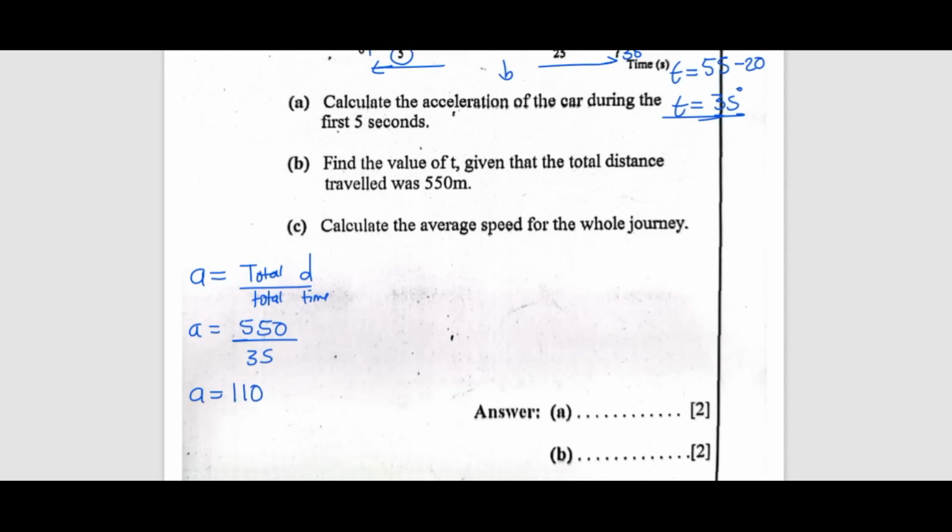So 5 into 550 is 110 over 5 into 35 will give us 7. So how many times can 7 go into 110? So in 35 we have 5, another 35, 10. So it's 15, remainder 5 over 7 meters per second. So this is our average speed.